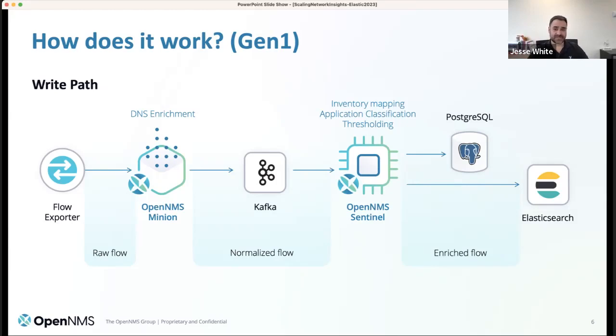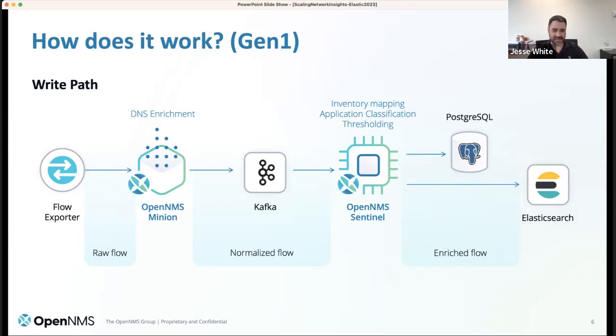These agents are typically deployed at remote sites or particular locations, so the DNS records there may be specific to that site, right? Once it retrieves the flows and does the enrichment, it'll forward them onto Kafka and normalize the flow format. So flows come in different flavors, different protocols: NetFlow 5, 9, IPFIX, sFlow, et cetera. We're able to canonicalize those, have a standard format, and put them on Kafka.